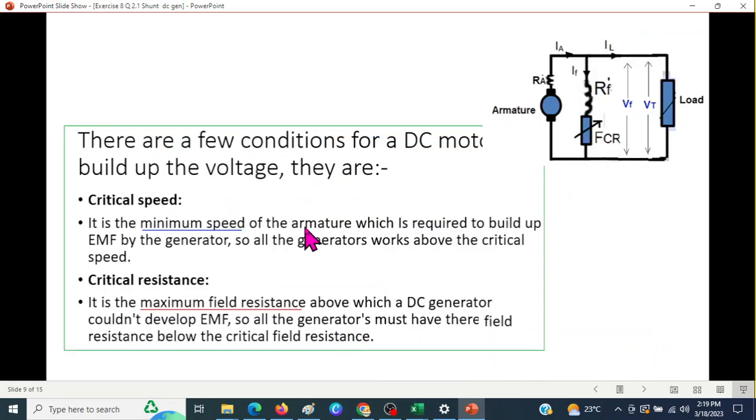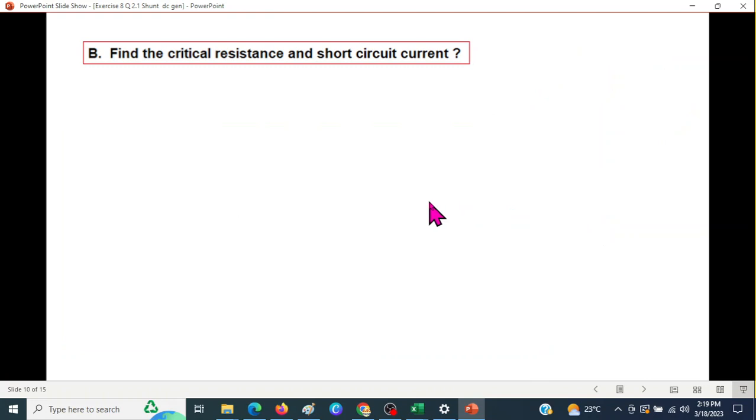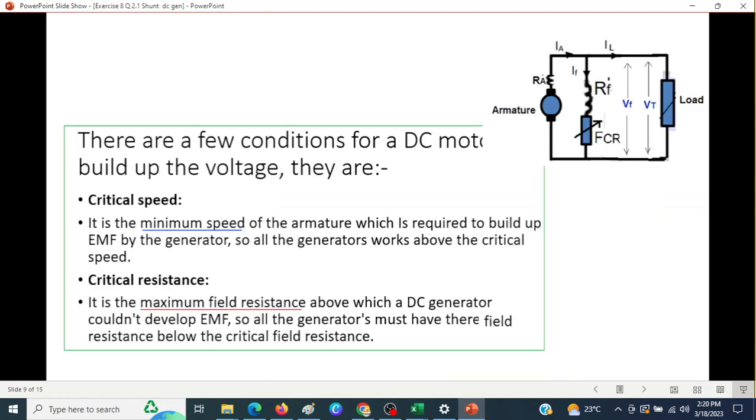Okay, now the next question deals with the critical resistance and critical speed. So let me find what is the critical resistance and critical speed. There are two things we need to discuss before we proceed further.